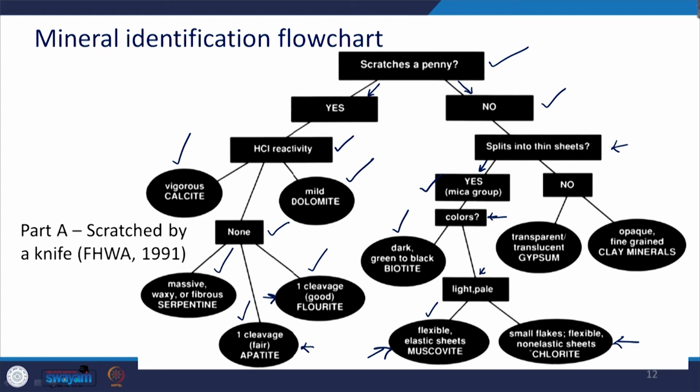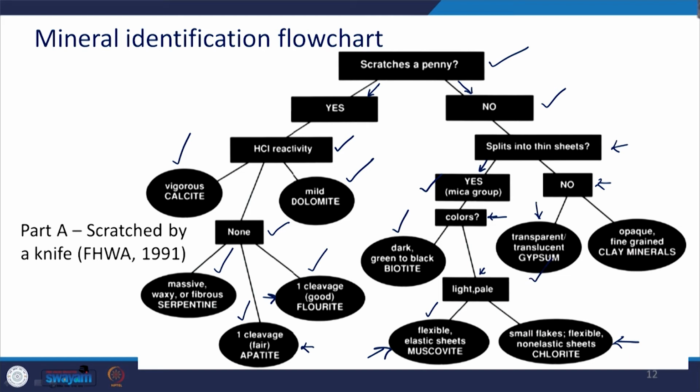Now come back here, that if it is split into thin sheets, we had this branch. But if it is not, then its property, like whether the mineral is transparent or translucent, comes into picture. So if the mineral is transparent or translucent, then it is gypsum.